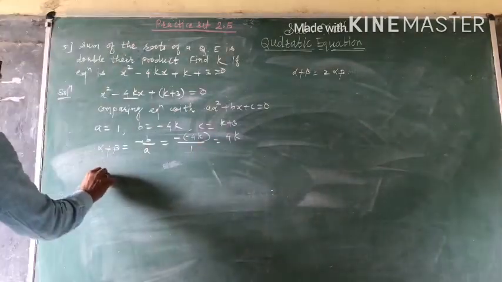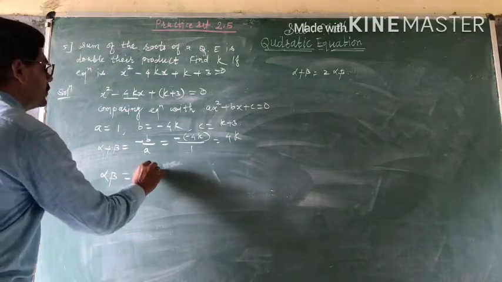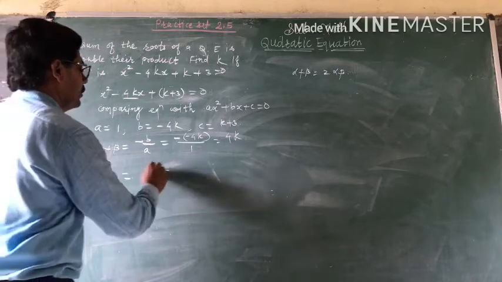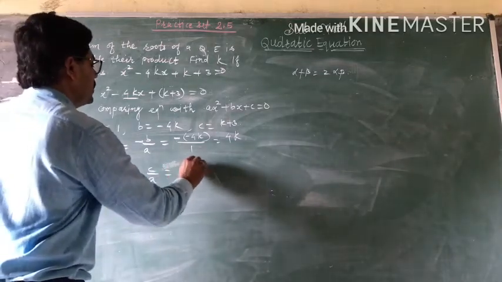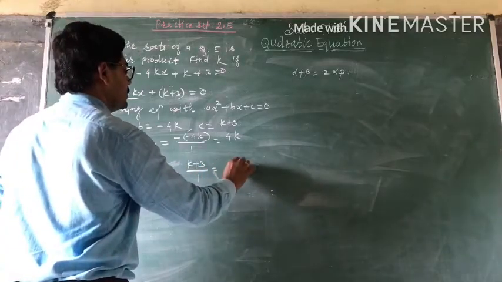And alpha into beta is equal to c upon a, and the value of c is k plus 3 upon a is 1, which is equal to k plus 3.